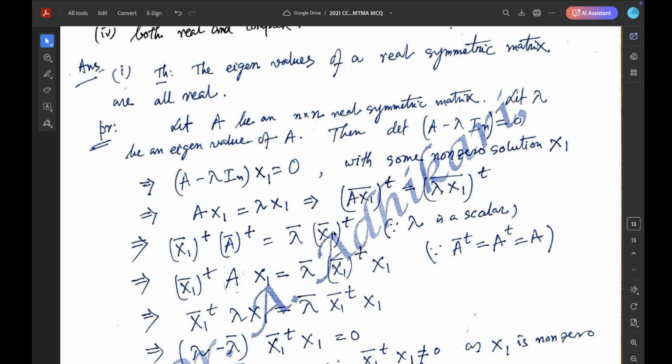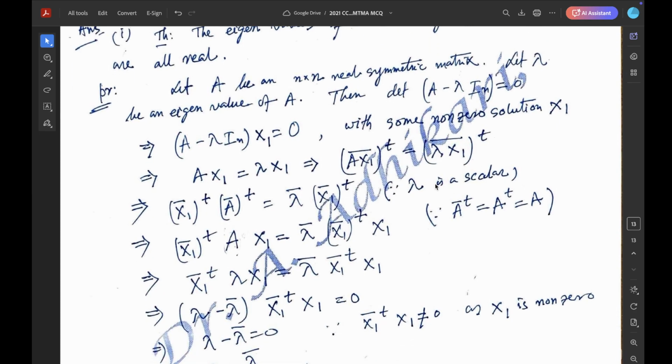This implies, taking the complex conjugate, bar, whole transpose on both sides, we get (A X1) bar transpose equals lambda X1 bar transpose. This is equal to X1 bar transpose A bar transpose and lambda bar X1 bar transpose, because lambda is a scalar.